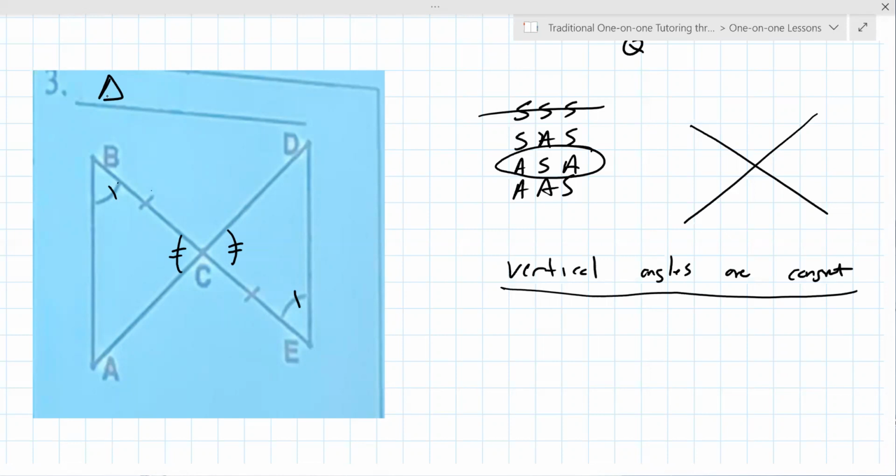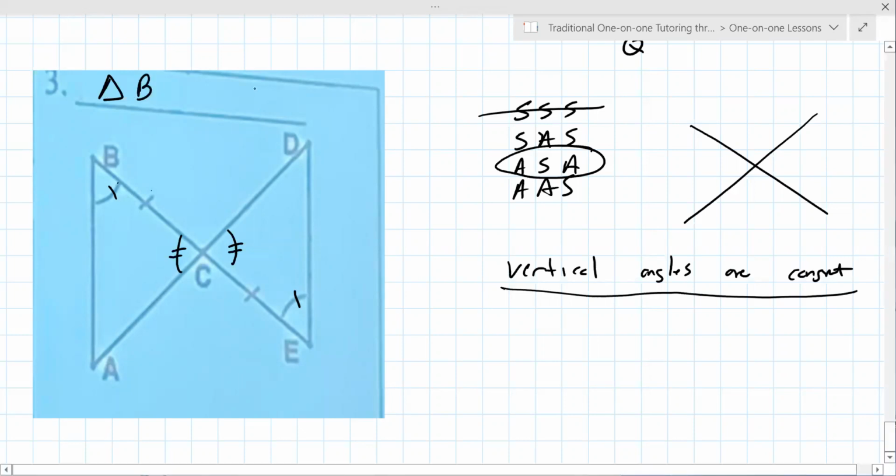All right. So you got angle, side, angle, but that's only part of it. You've got to be able to write the congruence statement. This one is the hardest one we've done because it's sort of a flip and a flip of the triangle. What I would tell you to do is start where you see two angles are congruent and use that as your starting point.